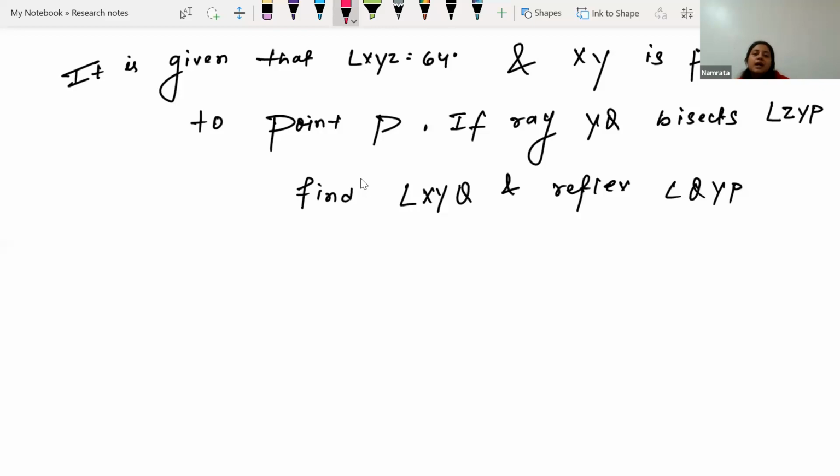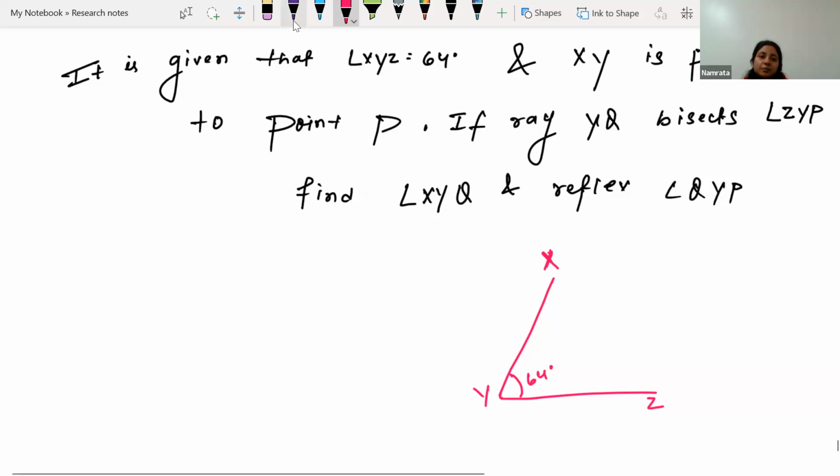So it is given that angle XYZ, maybe the angle looks like this, and that is 64 degrees. And XY is produced to a point P. Produced to a point P means extended. XY is extended till which point?